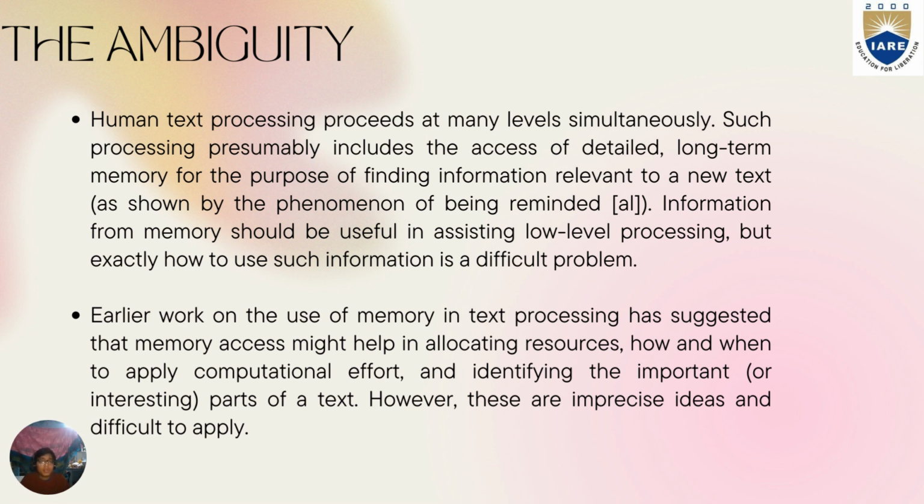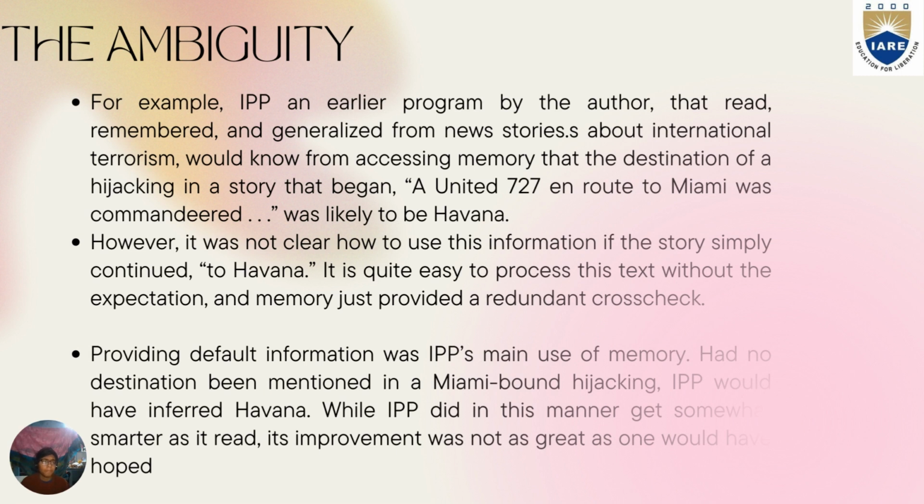Information from memory should be useful in assisting low-level processing, but exactly how to use such information is a difficult problem. Earlier work on the use of memory in text processing has suggested that memory access might help in reallocating resources, deciding how and when to apply computational effort, and identifying the important parts of a text. However, these are imprecise ideas and are difficult to apply.